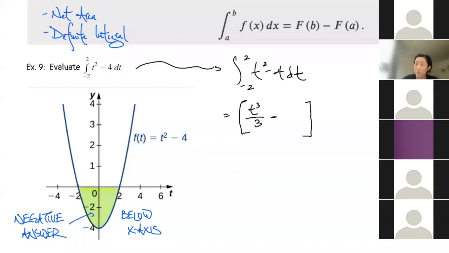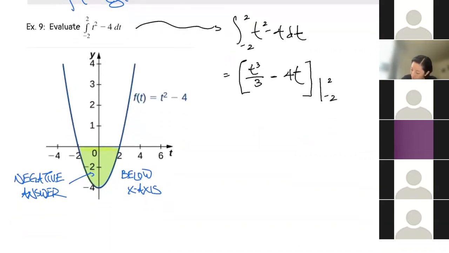We want to make sure we have the proper variables here. So I like the idea of 4x, but let's make sure it's a 4t. All right, there we go. Antiderivatives done. Now I've got to write my bounds, 2 and -2.